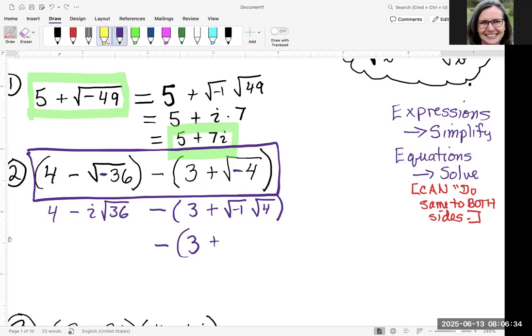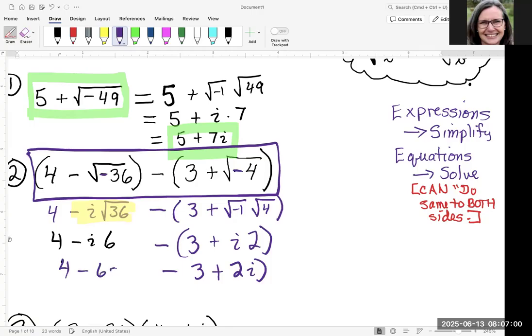Let me explain quickly where it's coming from. The i is the square root of -1, the square root of 4 is 2. But we would rewrite it as a plus bi or 3 plus 2i. My first part here, working with this part next. 4 minus i times 6, 4 minus 6i.